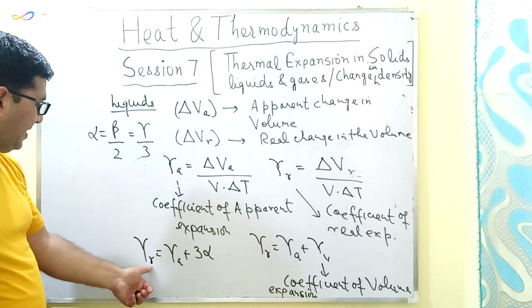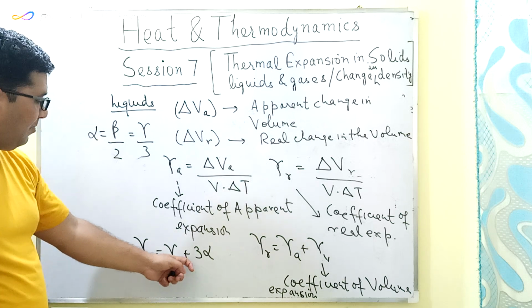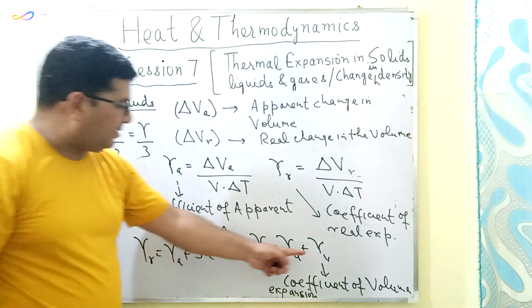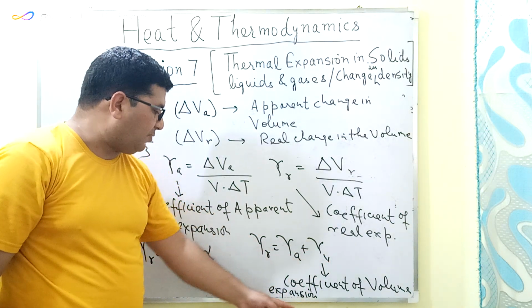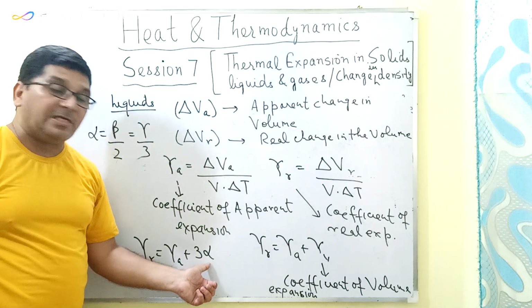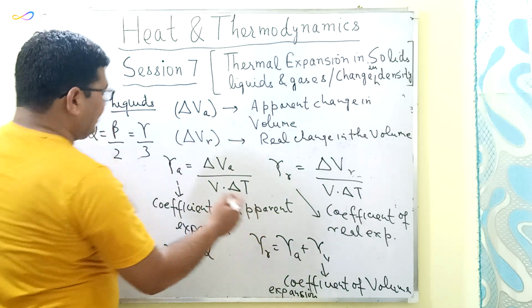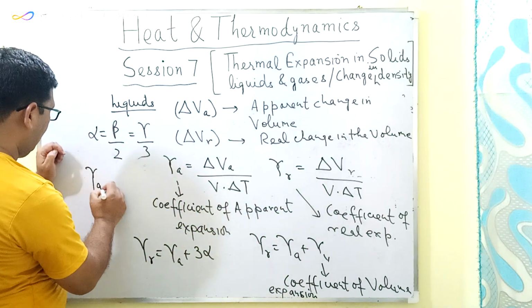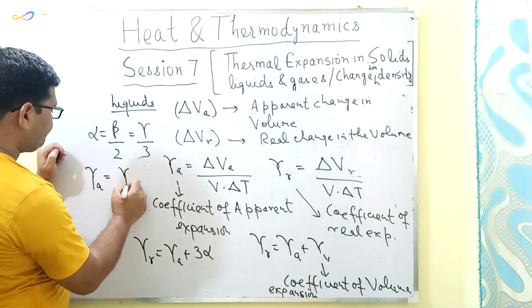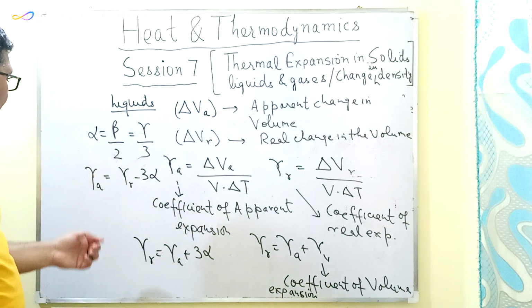Where gamma R is the coefficient of real expansion, and gamma A is the coefficient of apparent expansion, plus this gamma V, which is called the coefficient of volume expansion, or 3 times alpha, where alpha is the coefficient of linear expansion of that particular vessel. So we can say that gamma A is equal to gamma R minus 3 times alpha.